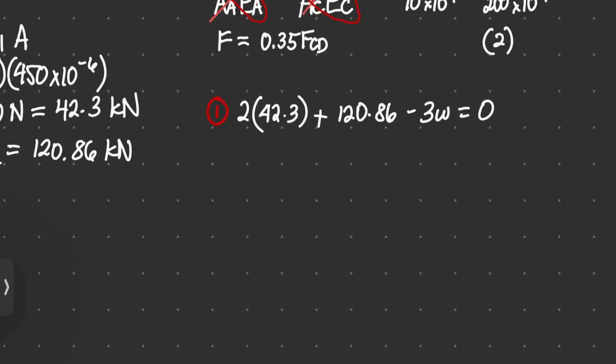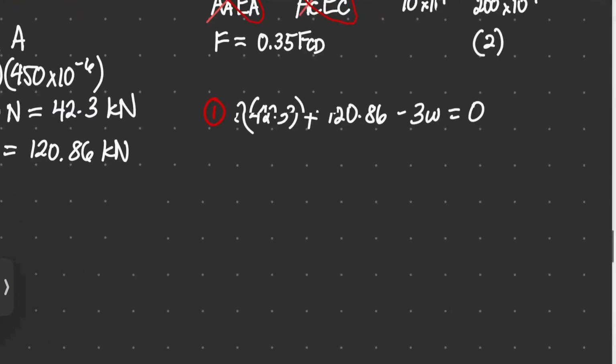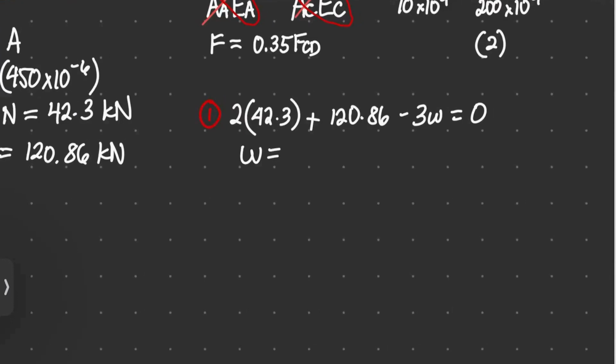Using our calculators, we can simplify this as W is equal to 68.49 kilonewtons per meter. And now we highlight it because it is already our final answer.